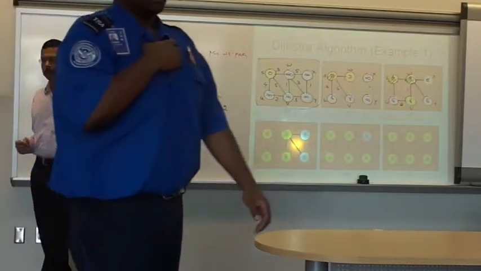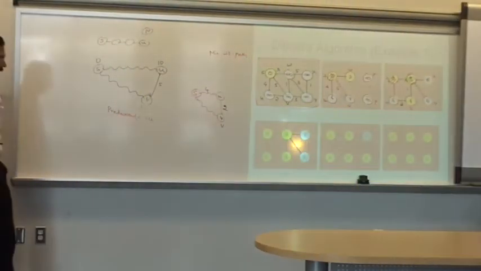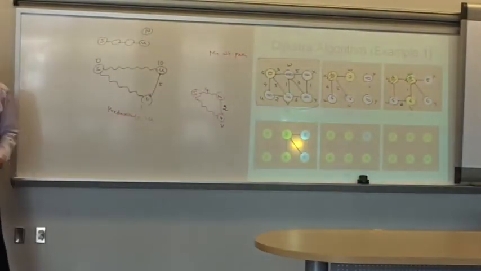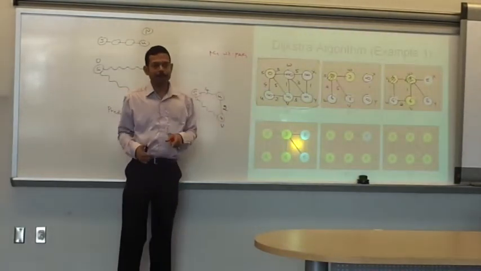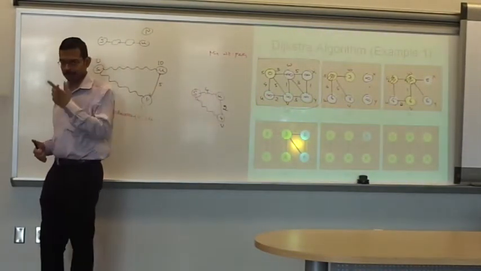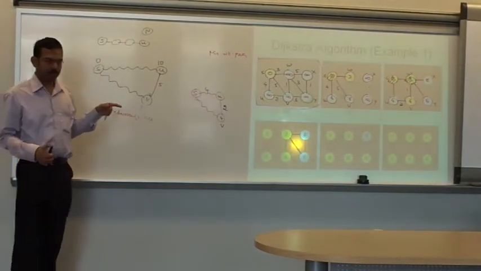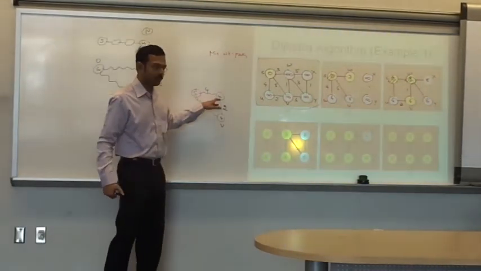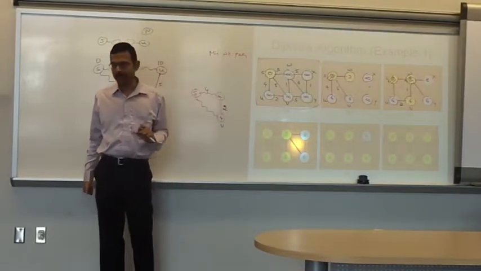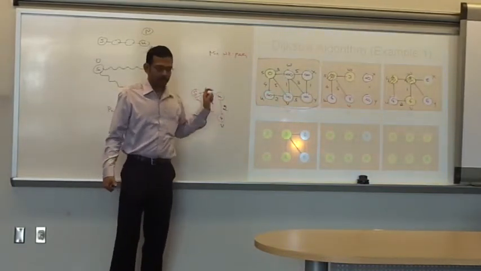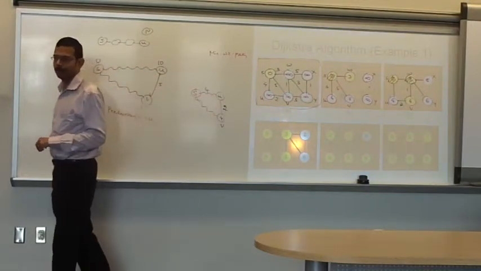So if you go from S to V, the current weight is 4. And if you go to S to U and then U to V, it's going to be 6. Is everyone clear on that? It is 6. Go to S from S to U plus U to V. So it is 4 plus 2 is 6. We don't want to increase this. We want to only reduce it if possible.